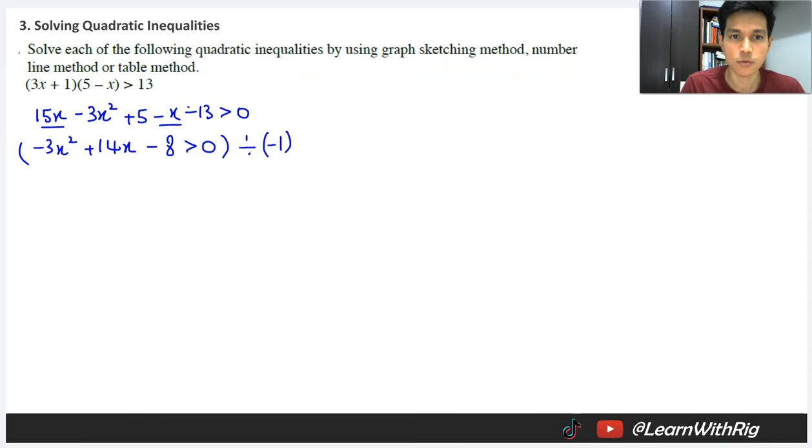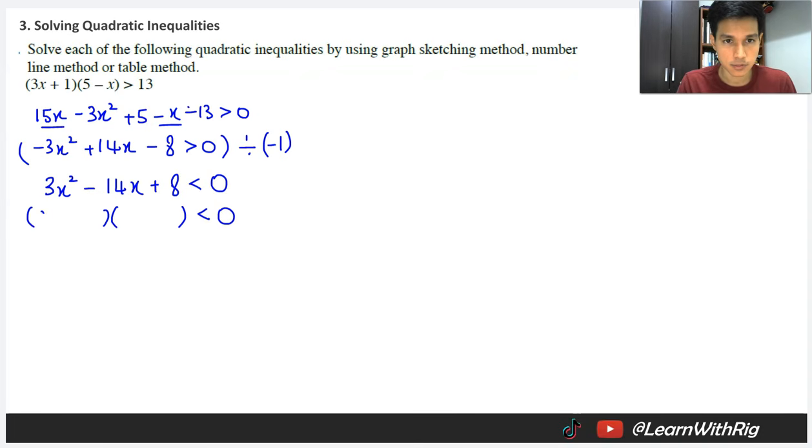When you divide by -1, you get positive 3x squared minus 14x. Now all the signs change because you divide by -1, so here becomes positive 8. The symbol here will also change. It won't be more than anymore. It's going to be less than 0.